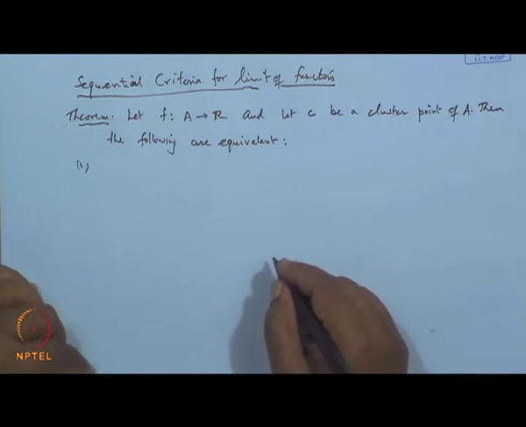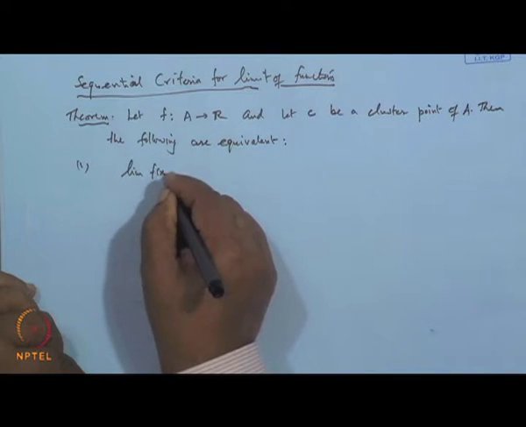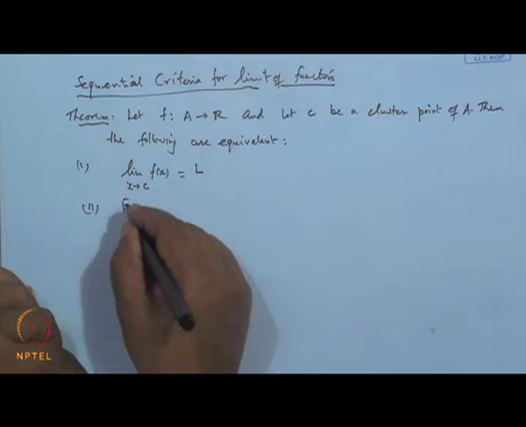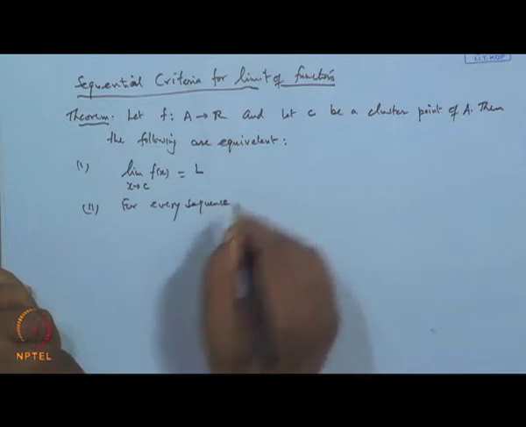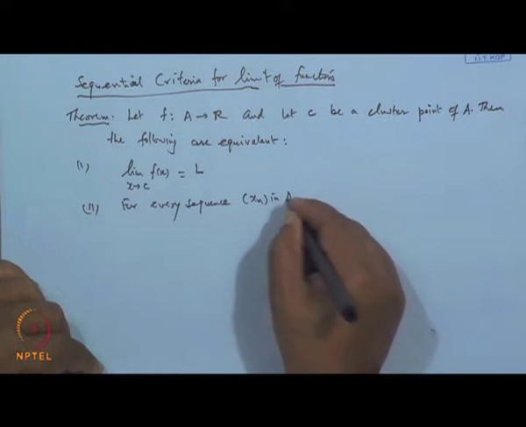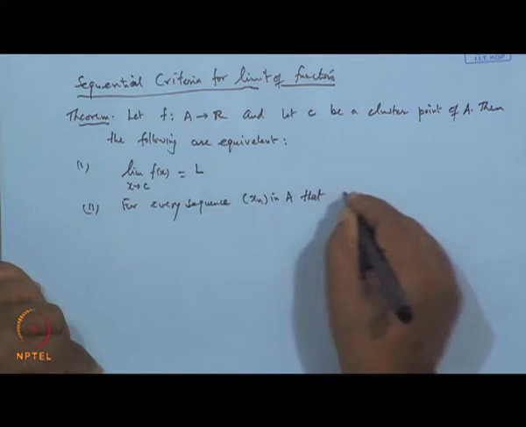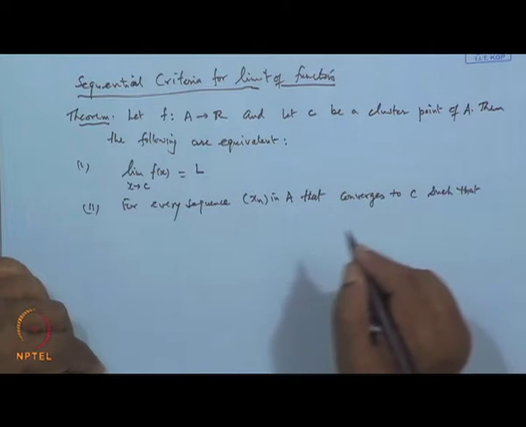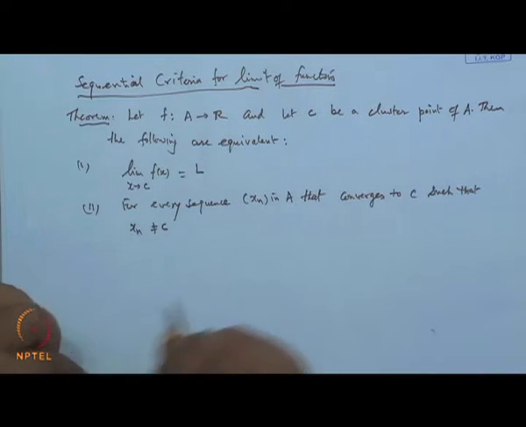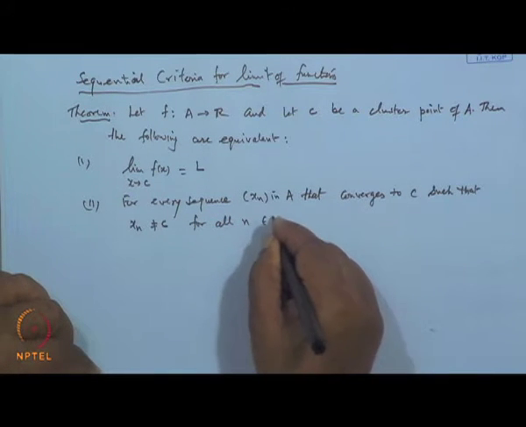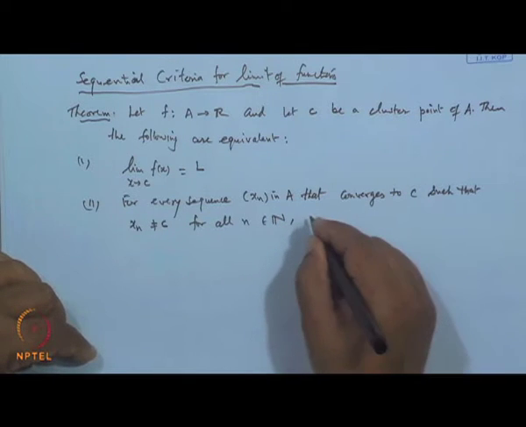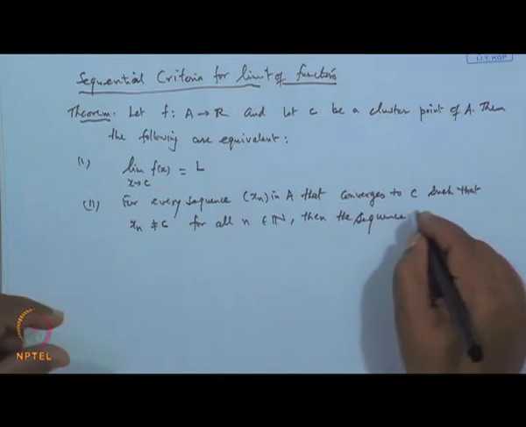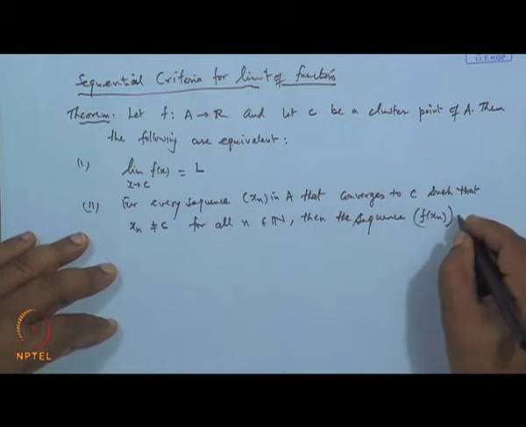First is limit of f x when x tends to C is L. Second is for every sequence x n in A that converges to C, such that x n is not equal to C for all n belonging to the natural numbers, then the sequence f of x n converges to L.